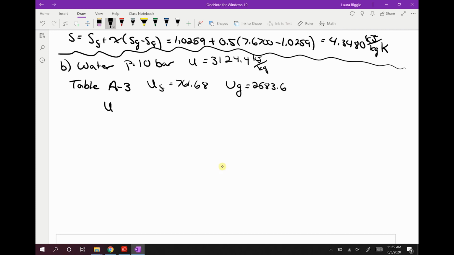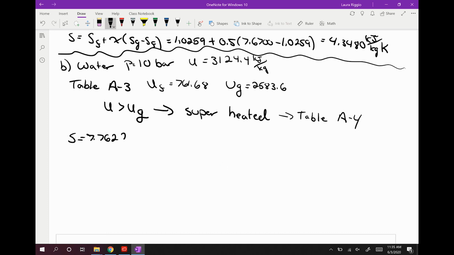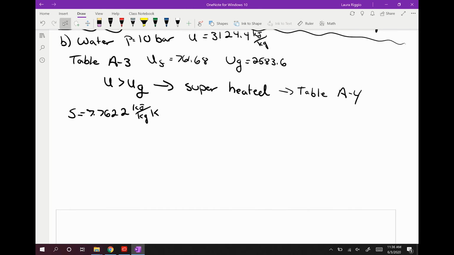I find that my internal energy is greater than my saturated vapor internal energy, which means I am superheated. Which means I'm going to go to table A4. I'm going to look at my pressure and look for my given internal energy, and I get that my entropy is equal to 7.7622 kilojoules per kilogram Kelvin.